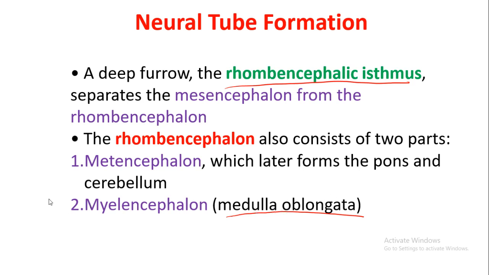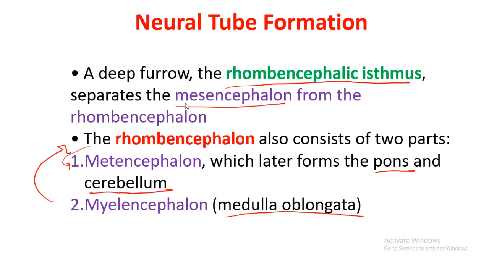So myelencephalon is coming from the rhombencephalon. Then the metencephalon is also coming from the rhombencephalon, and this metencephalon is leading to the formation of the pons and cerebellum. Pons and the cerebellum. Take note of that. Then remember, there is the mesencephalon which doesn't divide.